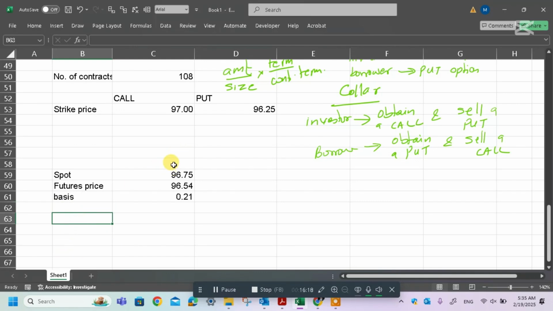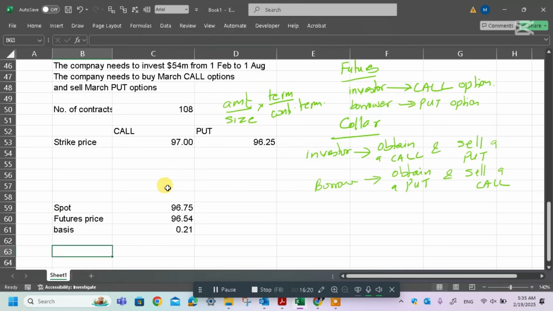What is the date today? 1st of September. Right. 1st of Feb we are closing it. 31st of March the basis has to be 0. So count the number of months.